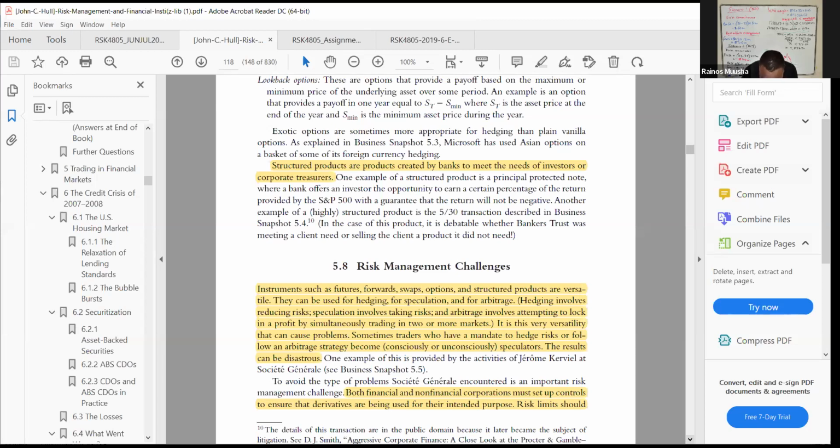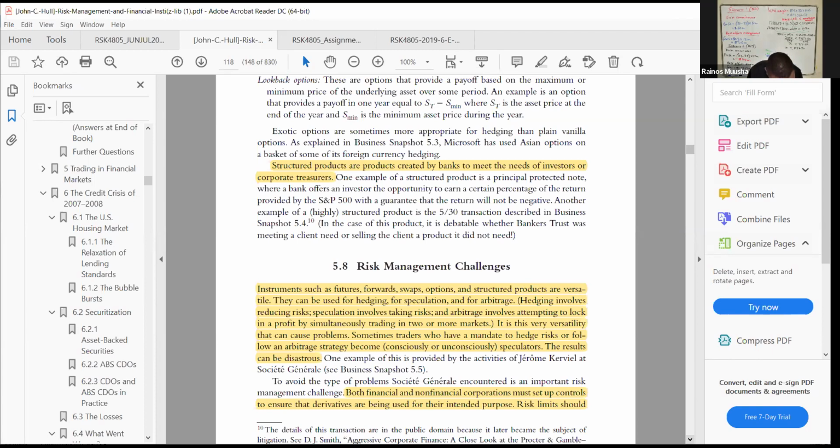Hedging involves reducing risks. Speculation involves taking risks. And arbitrage involves attempting to lock in a profit by simultaneously trading in two or more markets. So it is this very versatility that causes problems. Sometimes traders who have a mandate of hedging risk or follow an arbitrage strategy become speculators. So the results can be disastrous.